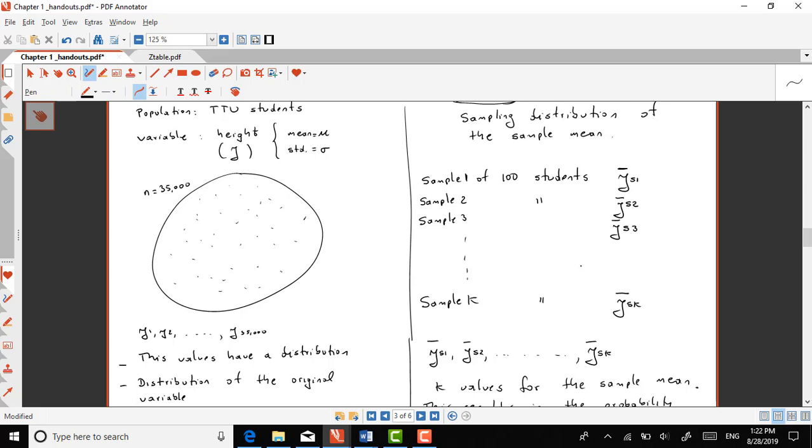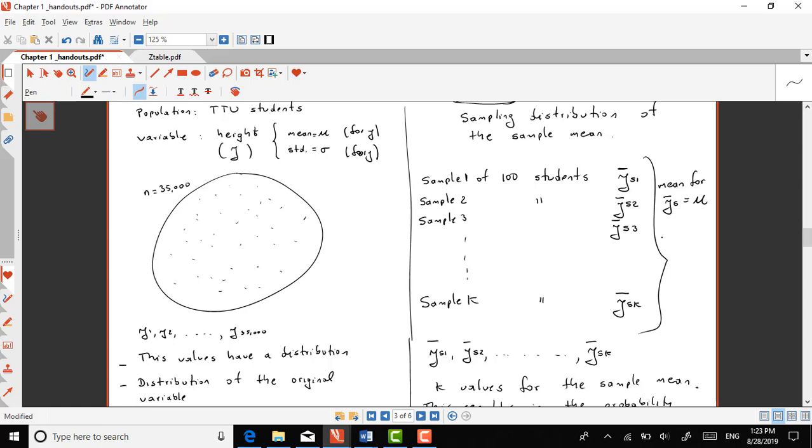I'm going to remind you, this is for y, and this is for y bar. Now the mean for y bar is also equal to mu. So you see, the original distribution and the distribution of the sample means have the same mean.